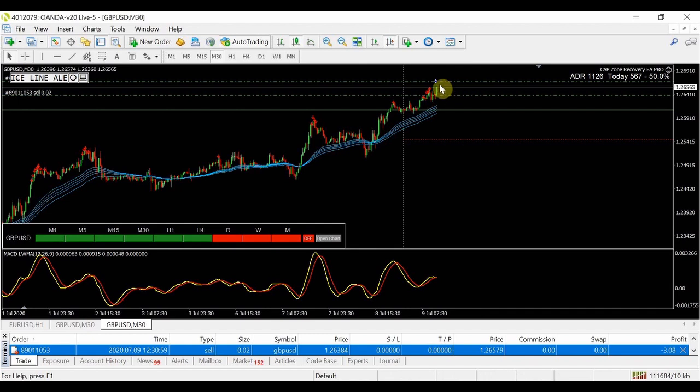So if price gets to this level, which more than likely it will, it will activate a buy order and hedge my trade, and the EA will then open buy and sell trades based on what happens with price action to get me out of this trade at break even. So if price does go against me, I'm not looking to make a profit on this trade, I'm just looking to get out at break even.